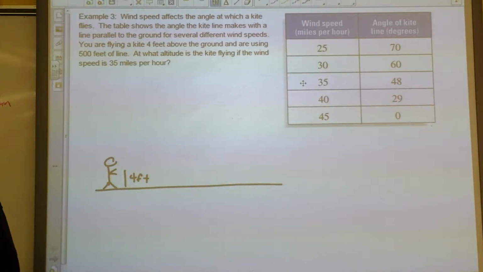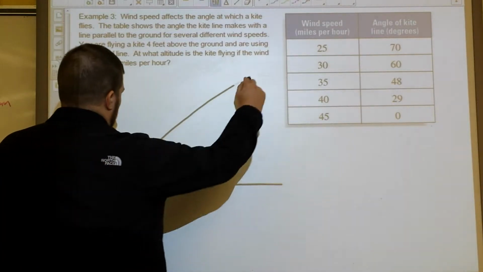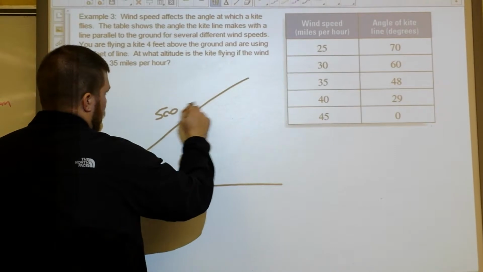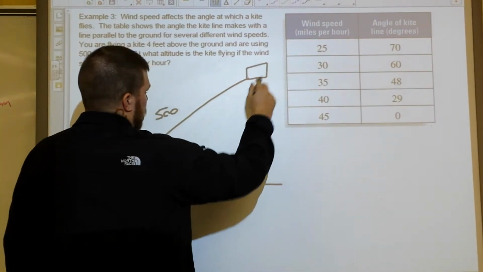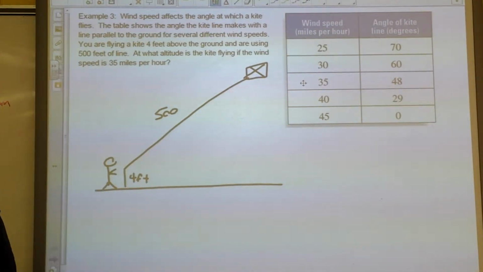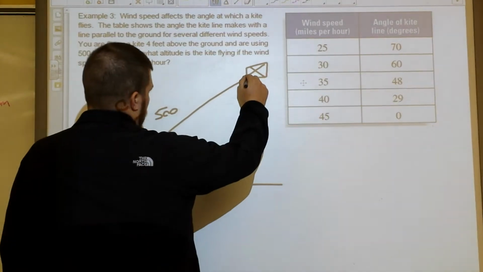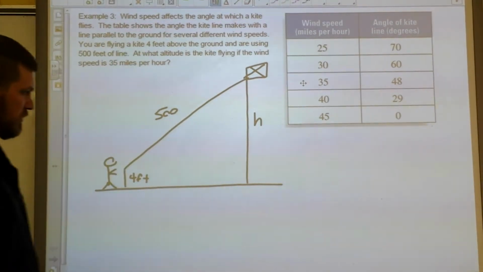Now, that's where they're holding the base of the line. The kite itself has 500 feet of line, and we have our kite right here, and it's up in the air. We want to know what's the altitude of the kite if the wind speed's 35 miles per hour. So the altitude is how high the kite is above the ground.